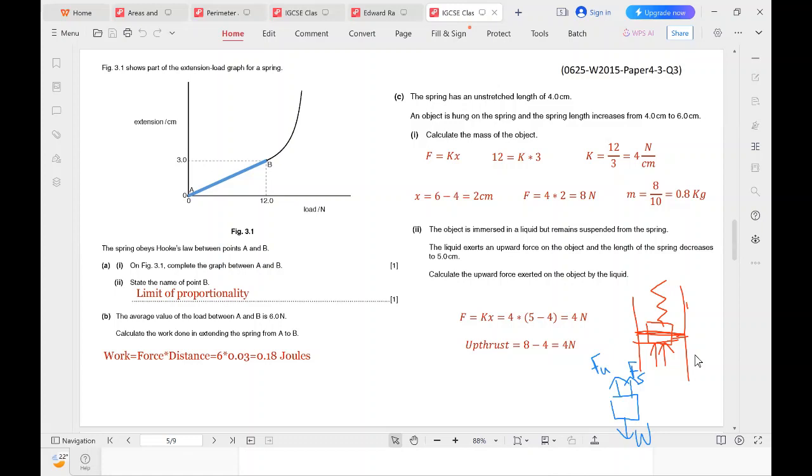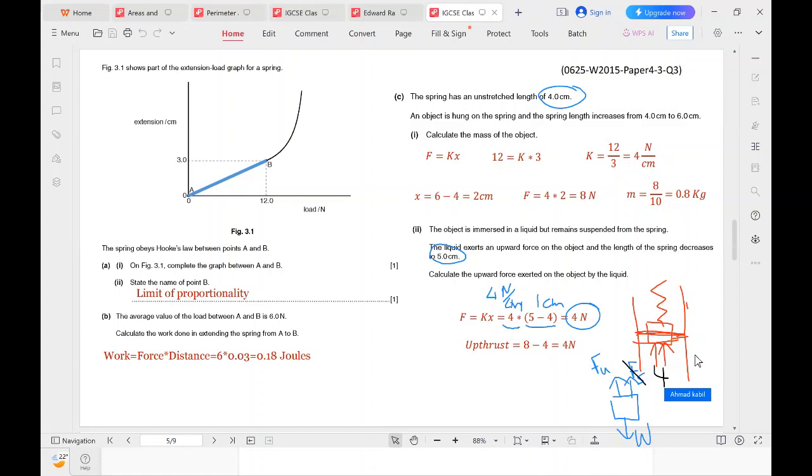The unstretched length is 4, and in equilibrium, they told us that the final length is 5. So the extension is 5 minus 4, which is 1 centimeter. Since K is 4 newtons per centimeter, multiplying these together without any conversions, we get 4 newtons. Therefore, the force by the spring is equal to 4.